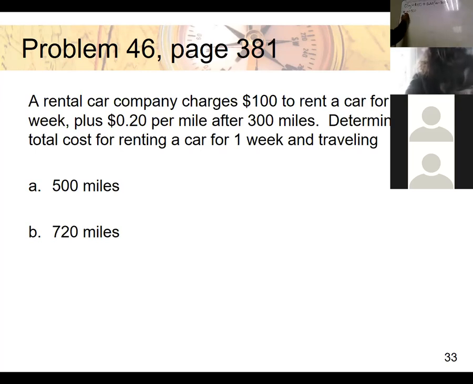So we just substitute into that formula. C of 500 is equal to 100 plus 0.20 times, and M is 500 minus 300.